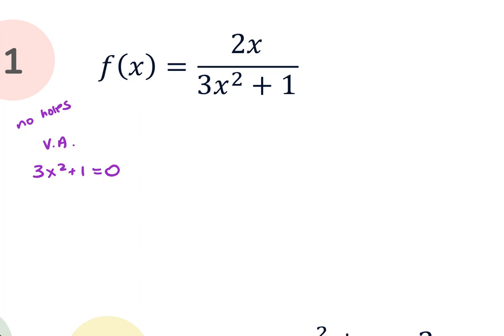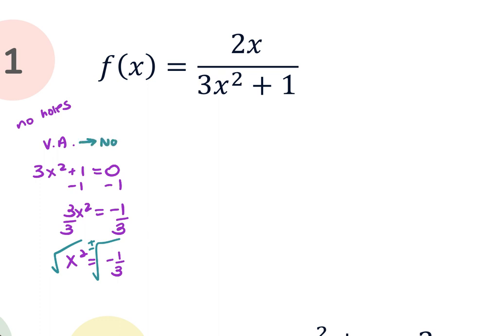Because there's not an x squared and an x, I can use the even root here. I can subtract the 1. 3x squared would equal -1. Divide both sides by 3. x squared equals -1/3, and then square root it. What happens when I try to square root a -1/3? There's no solution, right? So there is no vertical asymptote this time.